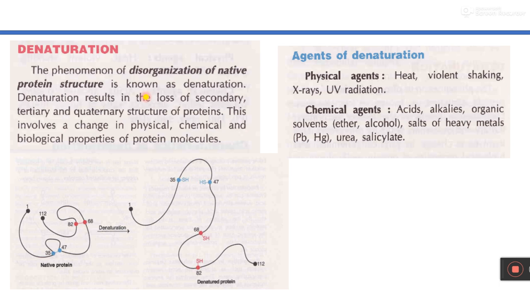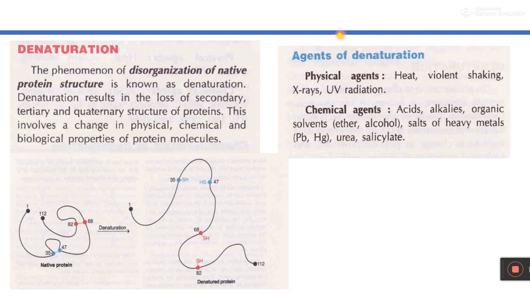In degradation, hydrolysis of peptide bonds generally takes place, but in denaturation, disruption of non-covalent bonds and disulfide bonds generally takes place. Here the disulfide bond is a covalent bond, and non-covalent bonds, or weak bonds, are hydrogen bonds, hydrophobic interactions and van der Waals forces.